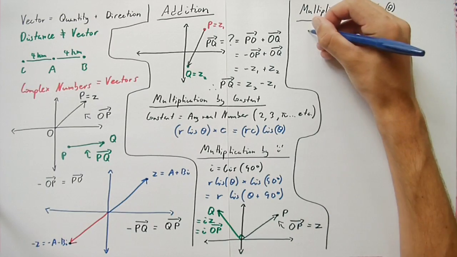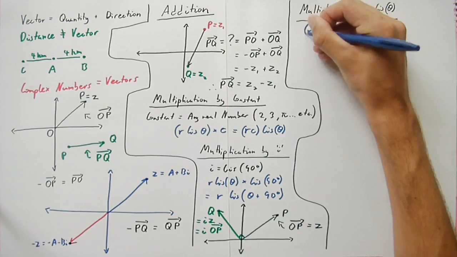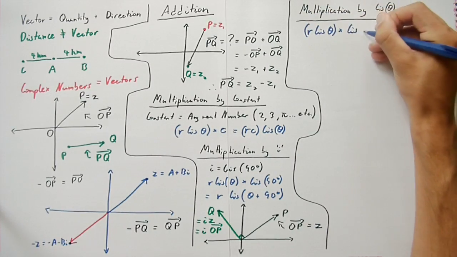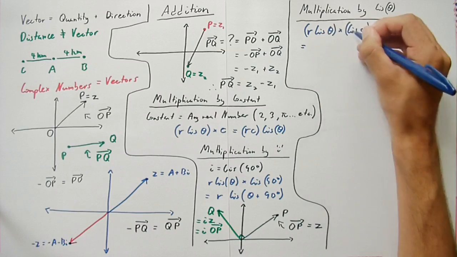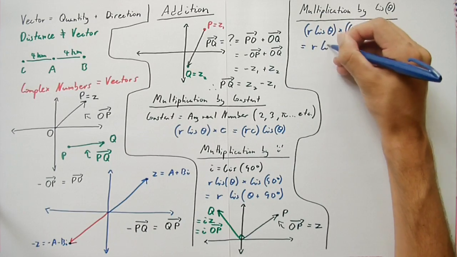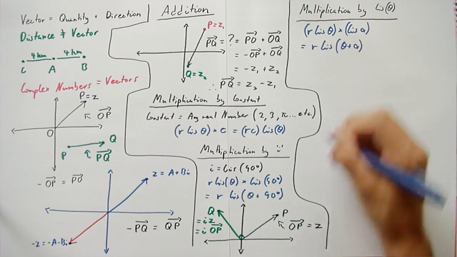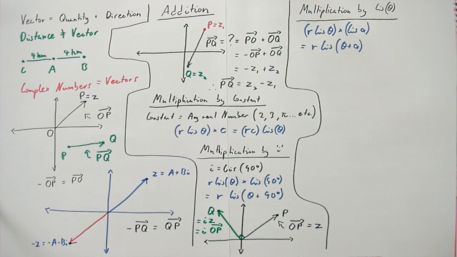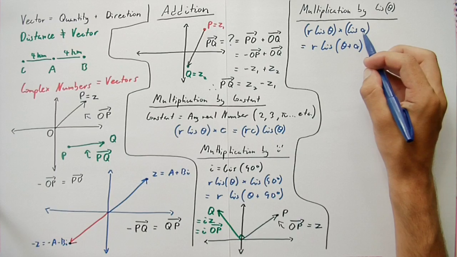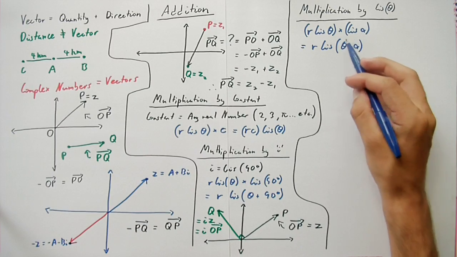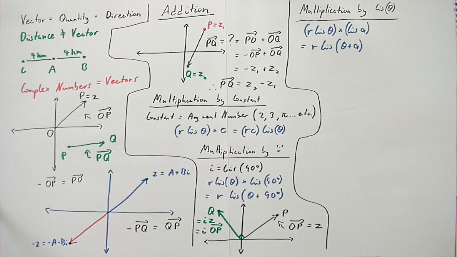So again, I have r cis theta, and just to avoid confusion, I'm going to call this new angle alpha. So we have r cis theta times cis alpha, and that just becomes r cis of theta plus alpha. So just like before, this means that whenever we multiply a vector by cis of theta, we just rotate that vector by theta degrees. Easy.